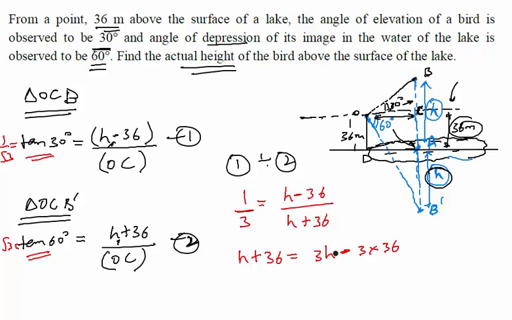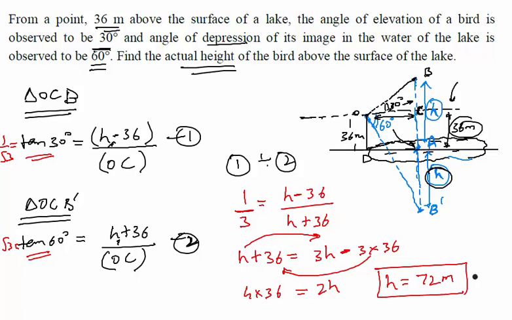If you further simplify, let us take h on the RHS and the constant on the LHS. So we will have how many 36? 4 into 36, and the resultant value of h will be 2h, correct? So this time the value of h is coming out to be 36 into 4 divided by 2, which is 72 meters. This is your final answer.